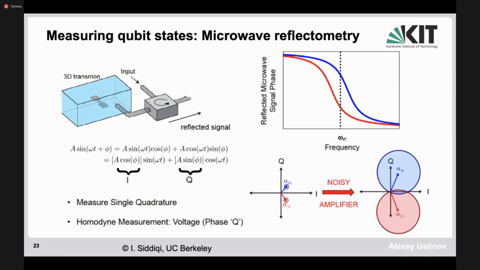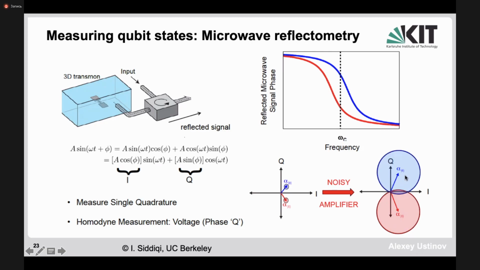And the quality of the readout is characterized by the size of this blob. So if you have a very small noise, then you have very easy discrimination between state 0 and 1. But if you add a noisy amplifier, then this blob grows because you have amplifier added noise, and the other blob grows, and then you have an overlap between those two areas.